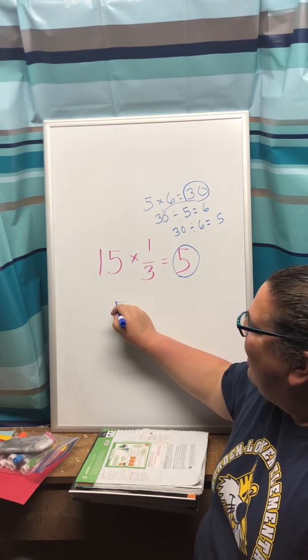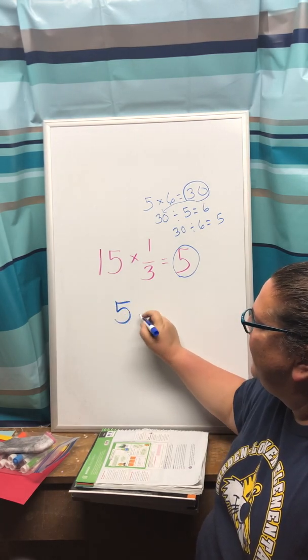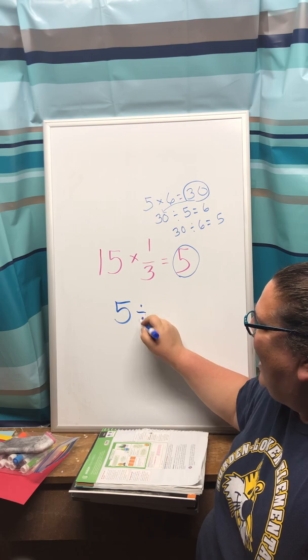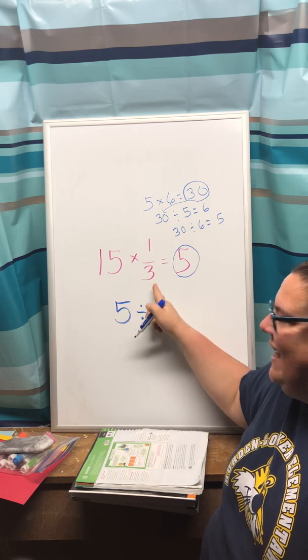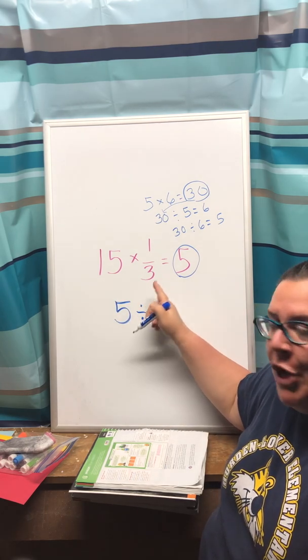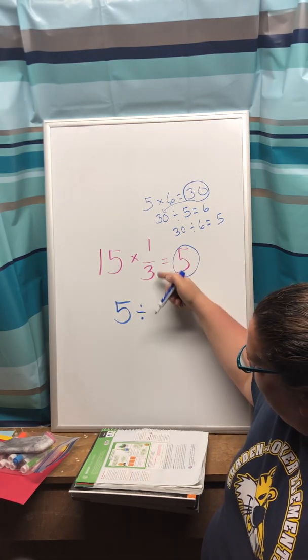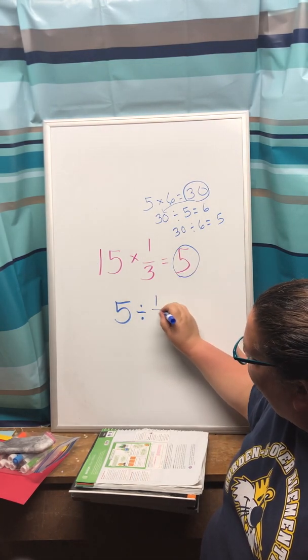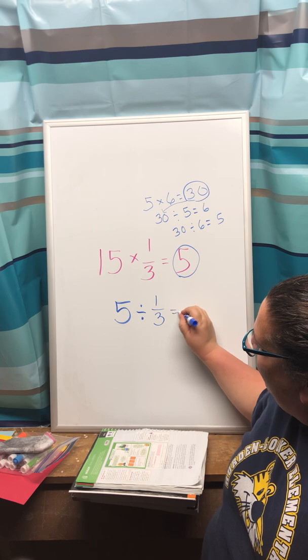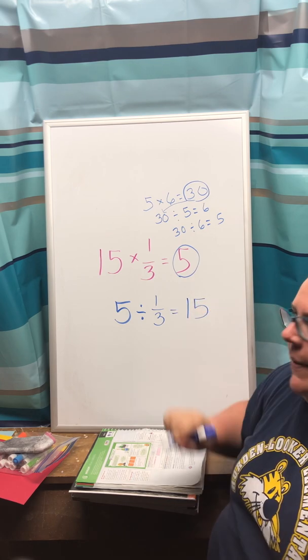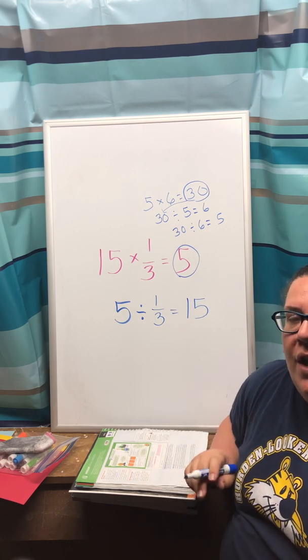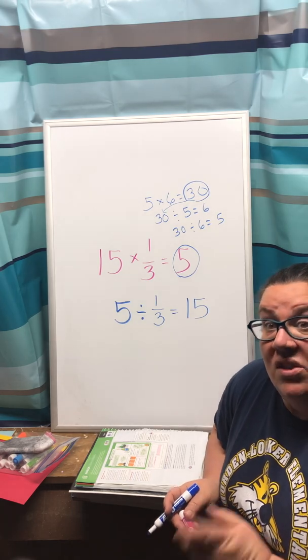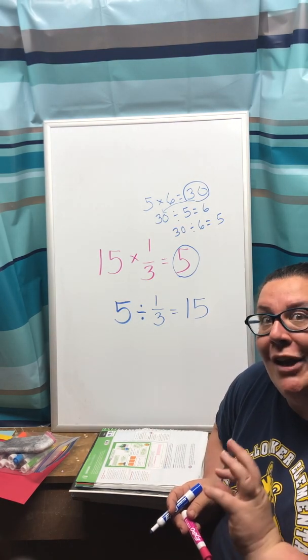So it's going to be 5 divided by, now I have a 15 and a 1/3. I'm going to use my 1/3, my fraction, as the divisor, and my answer, my quotient, is going to be 15.